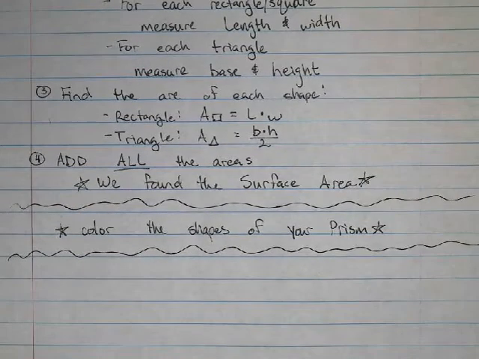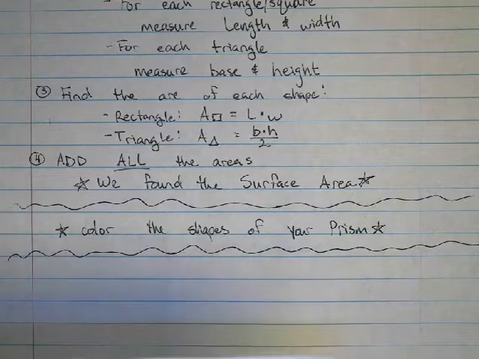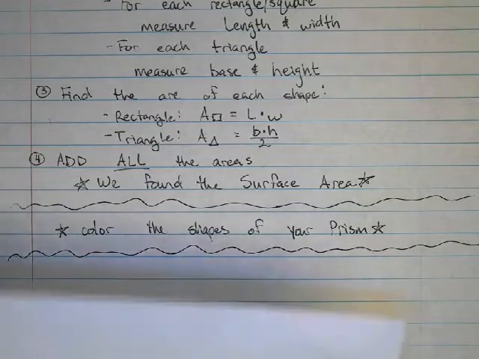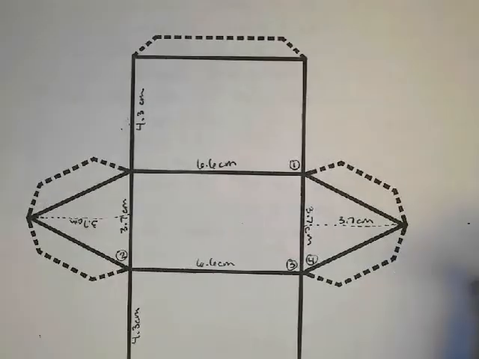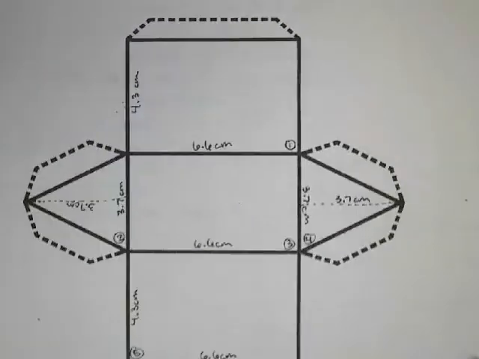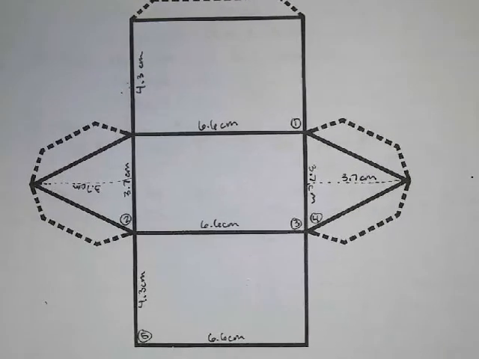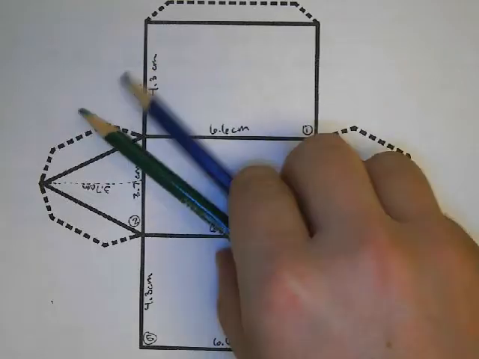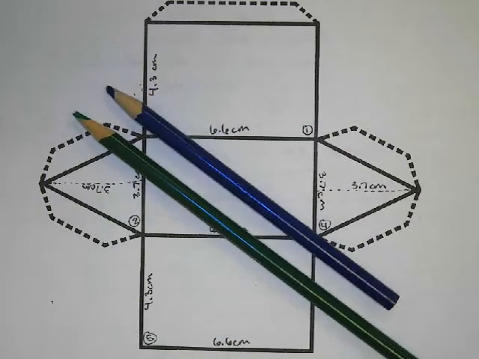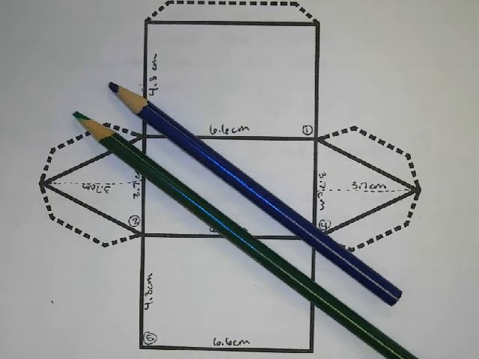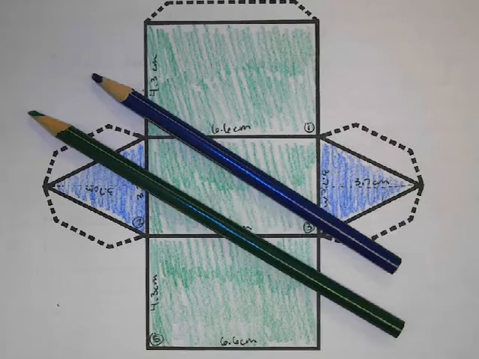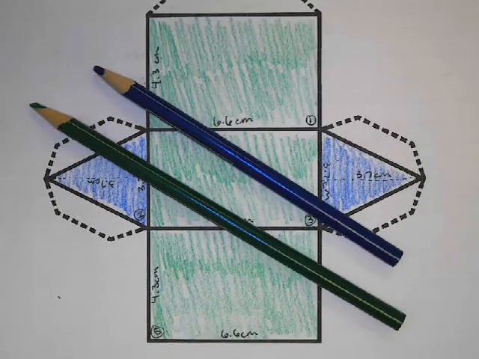So pause right here and take the time to do some coloring. I'm going to be using green and blue for mine. Now we have our colored prism, and we're ready to move on to volume.